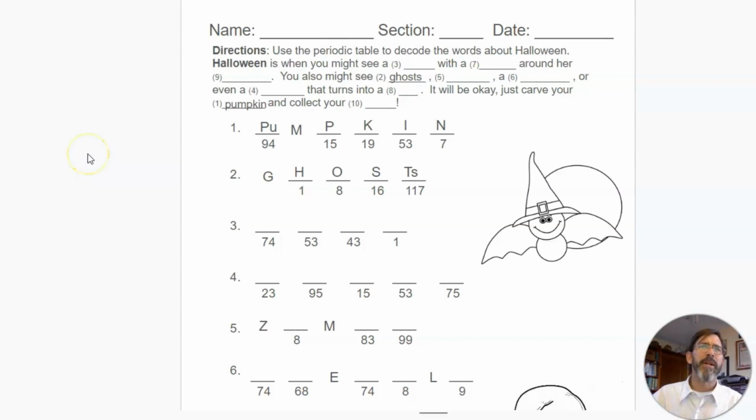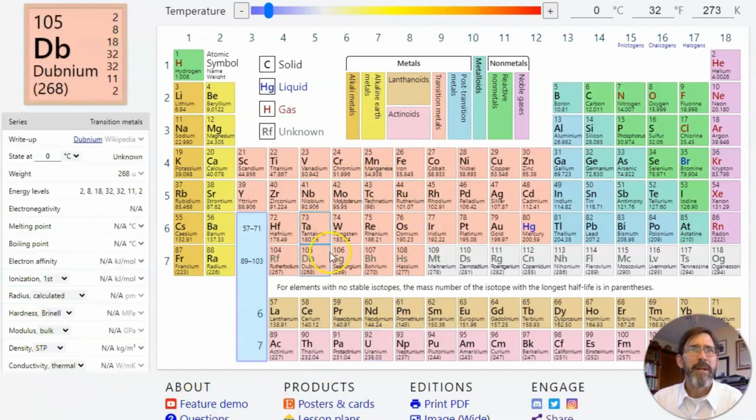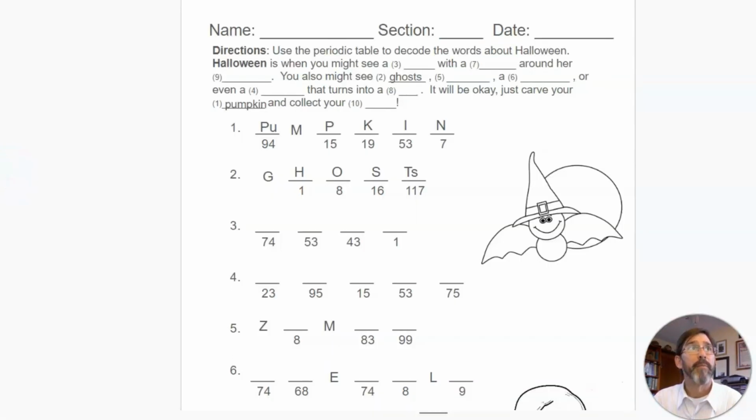Moving on to number 3, the first atomic number listed is number 74. Number 74 is about in the middle of the table. In the transition metals, that would be tungsten, capital letter W. Above the number 74 at number 3, go ahead and put in a capital letter W. Next atomic number is number 53.